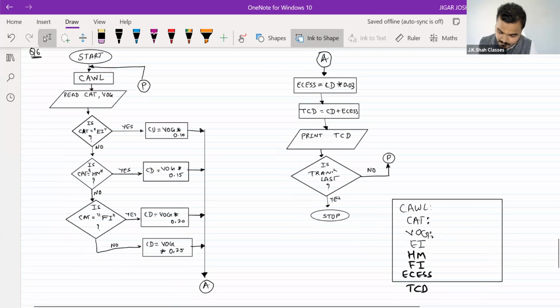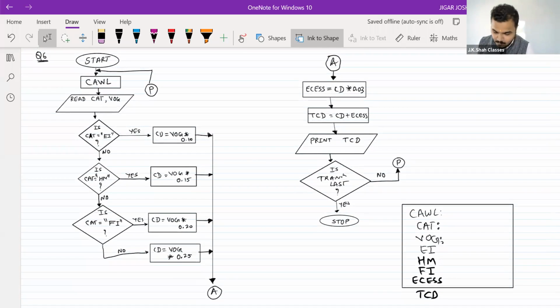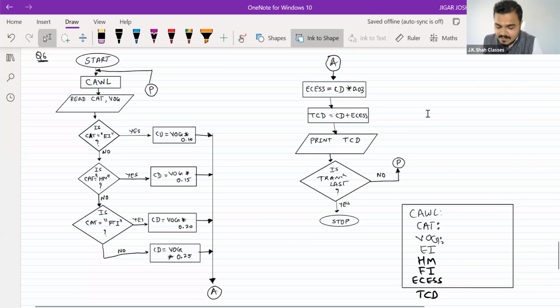Now, please, keeping the entire chart in front of you, start drawing this chart perfectly without making any mistake. Take a screenshot later on. I'll keep the screen as it is. First, draw this diagram perfectly.